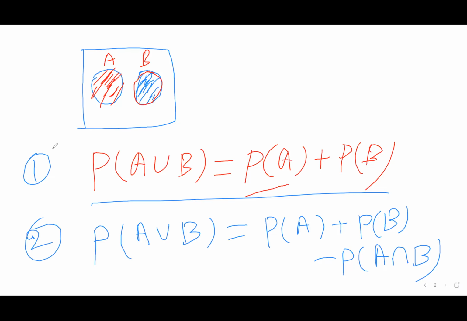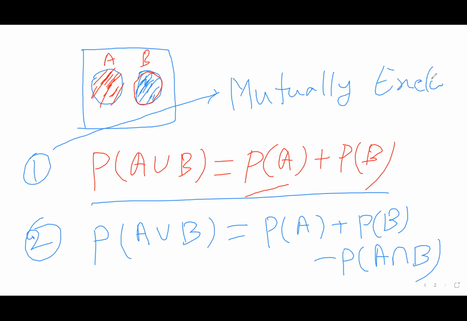The first one is for mutually exclusive events. When you have two mutually exclusive events and you want to find the probability of the union of these two events, you just add the probabilities of these two events. But when they are not mutually exclusive, that means A intersection B is not empty, and in that case you will use this formula.